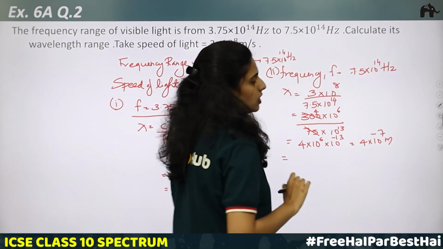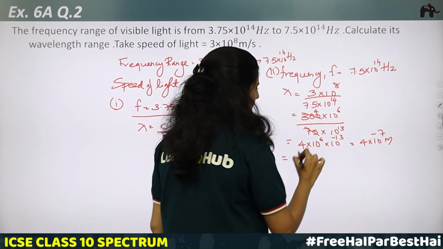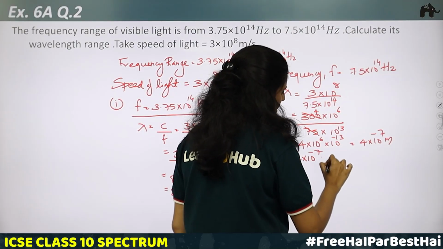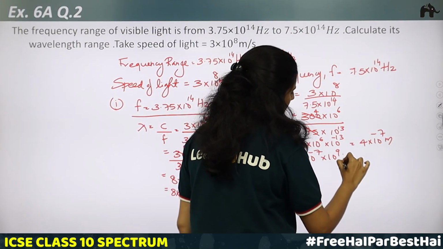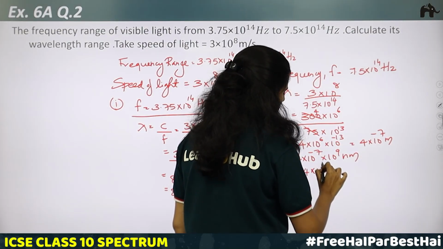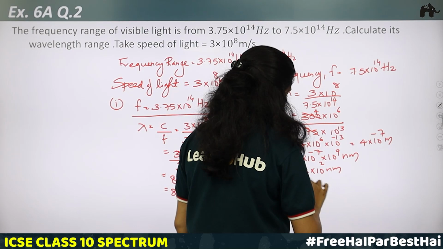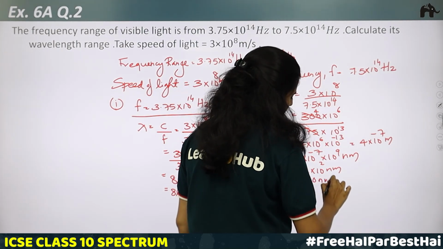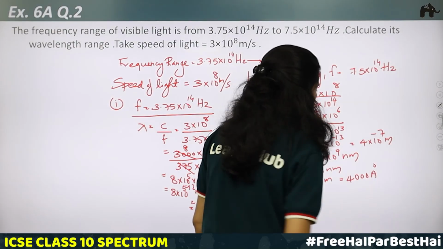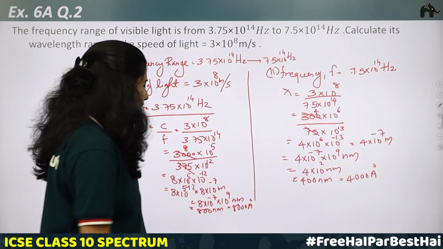Okay, what is 4 into 10 raised to minus 7 meters? In nanometers, it is 4 into 10 raised to minus 7 into 10 raised to 9 nanometers, which is equal to 4 into 10 raised to 2 nanometers or 400 nanometer, which is 4000 angstrom. Okay, so what is the wavelength range?